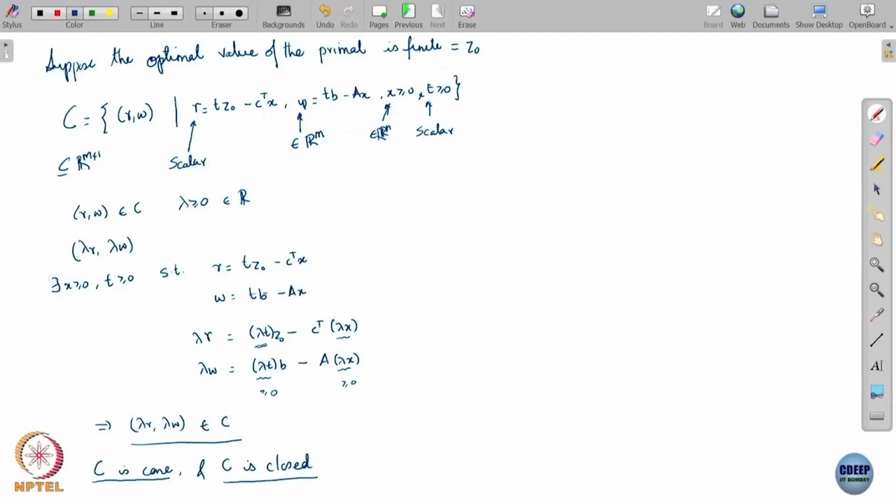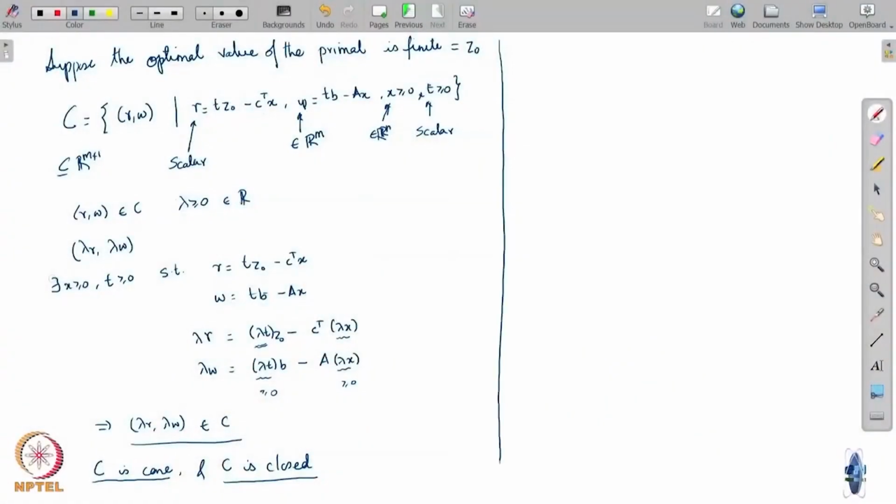What about the convexity of C? Is C convex? It is convex. You see, C is defined using a bunch of linear equations and inequalities. So it is just (R, W) that satisfies some linear equations.